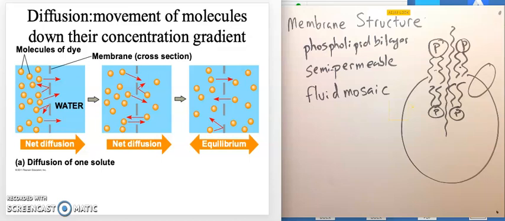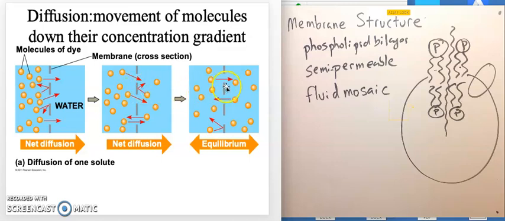So diffusion is the movement of molecules down their concentration gradient. So if we just imagine we have a beaker of water that has a semi-permeable membrane and we put dye on one side of the membrane. These molecules are going to bounce around, and some of them are going to stay on this side, but some are going to make their way across and bounce to the other side.